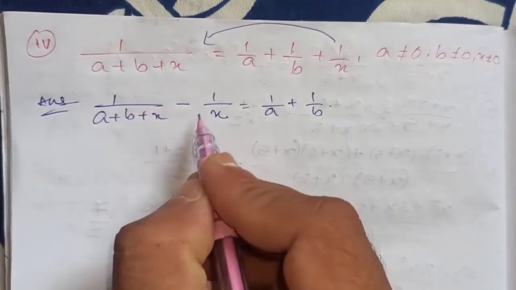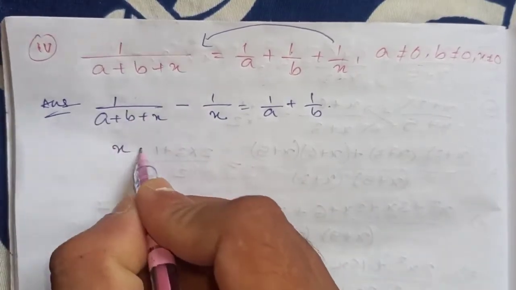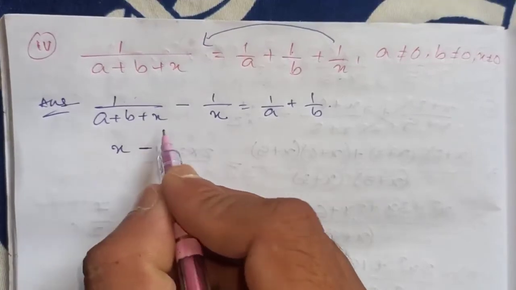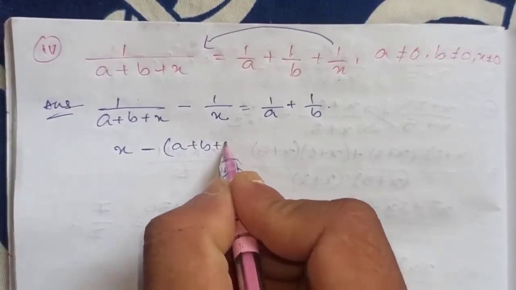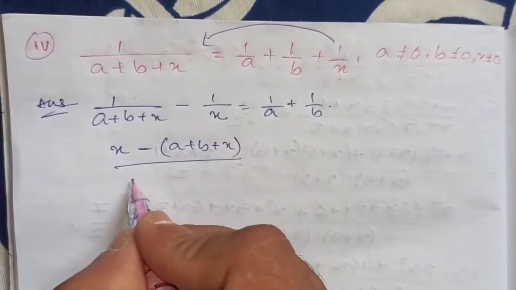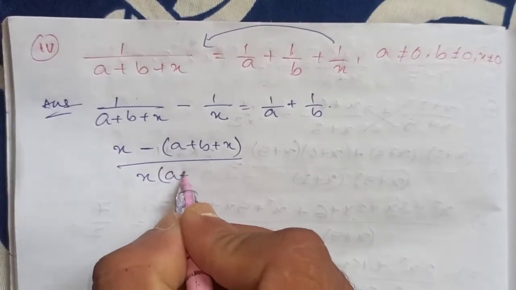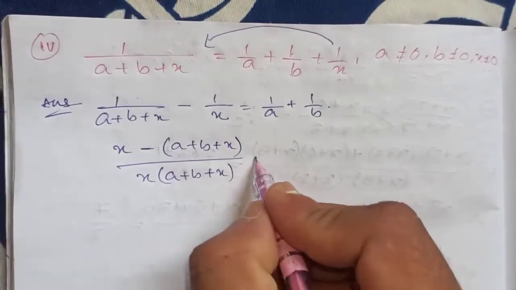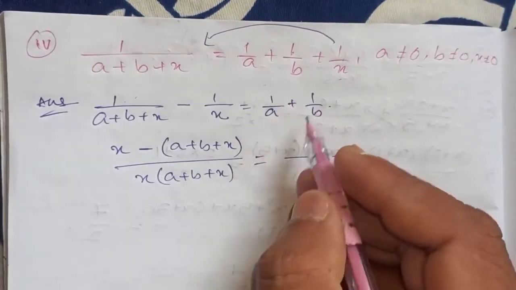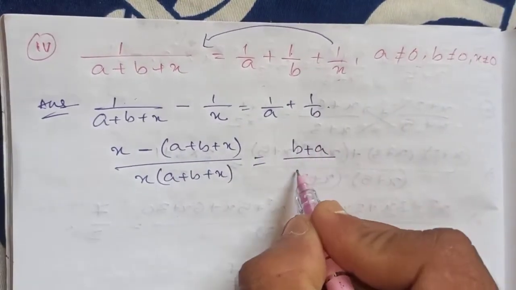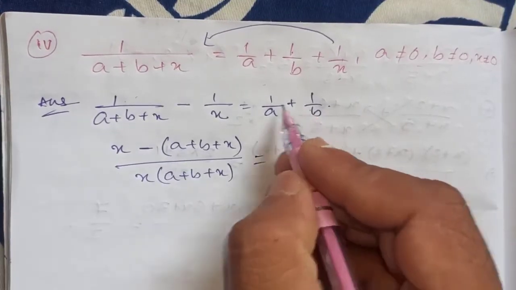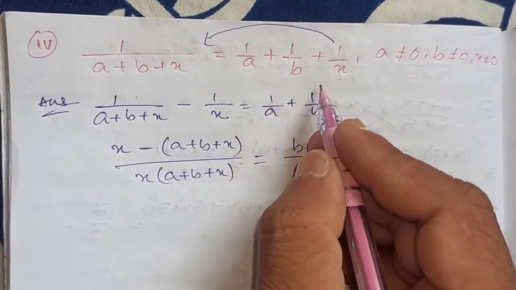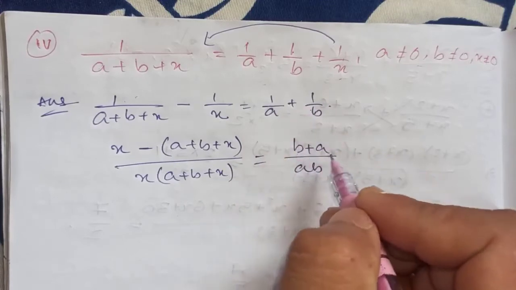LCM is nothing, just cross multiply. x into 1 is x minus a plus b plus x, divided by x into a plus b plus x, equals, cross multiply this, b plus a by ab. b into 1 is b, a into 1 is a, so b plus a by ab.